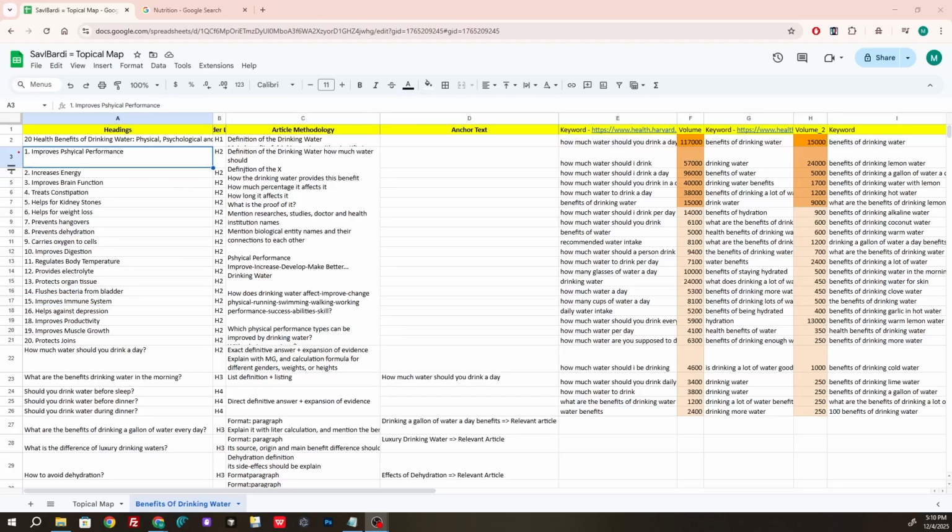Now in a macro context, if you look at only the first section, all the first words are predicates, and mainly they are all positive predicates. For example: improve, increase, treats, helps, prevents, carries, regulates, provides, protects, flushes. This word is a little bit neutral.